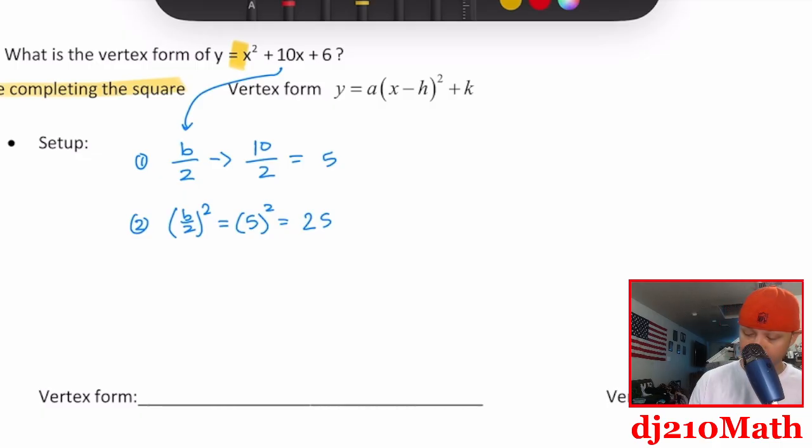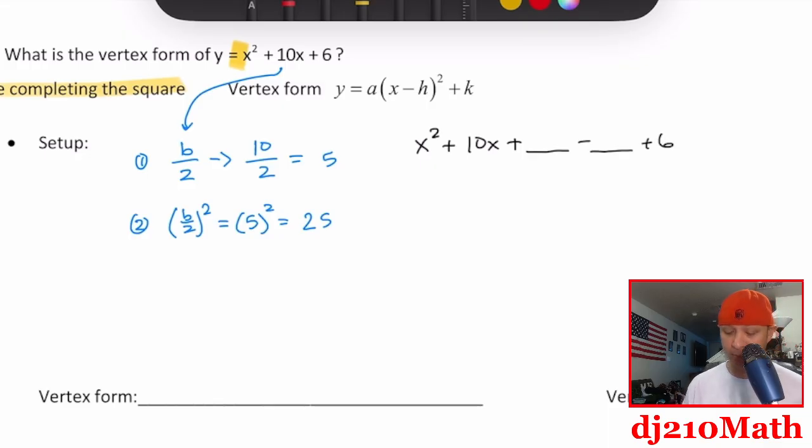So now, here's the setup. I'm going to rewrite the problem. This is x squared plus 10x. Watch this. Plus something minus something plus 6. All I did was insert something in between the 10x and the 6. I'm adding something, I'm taking something away.